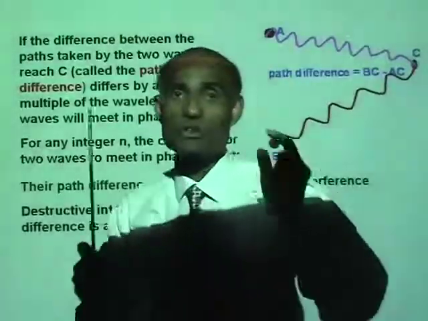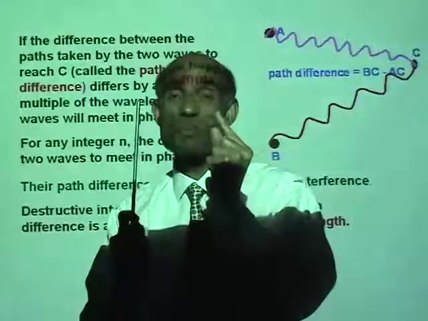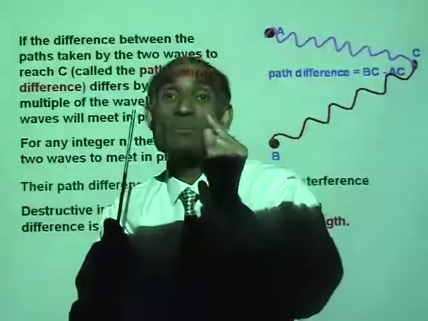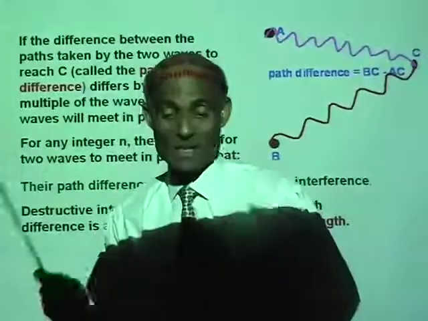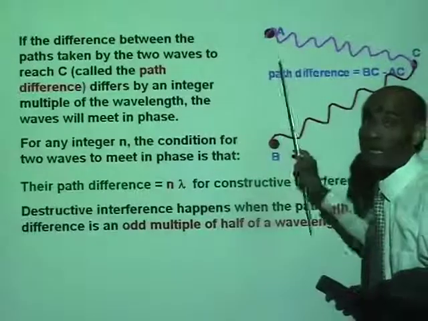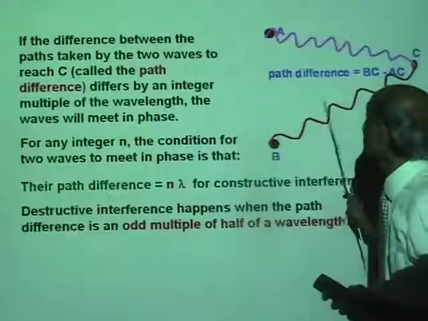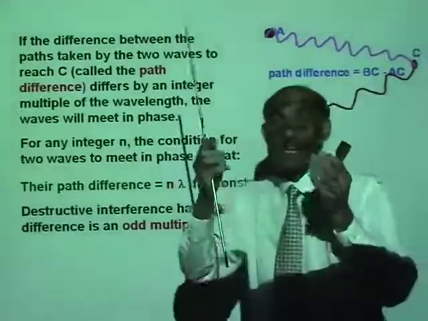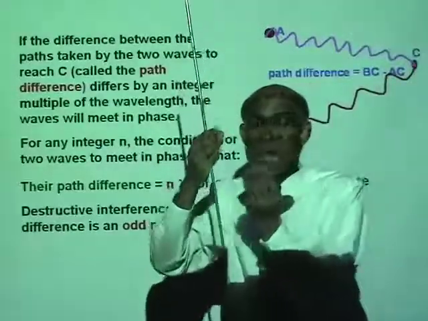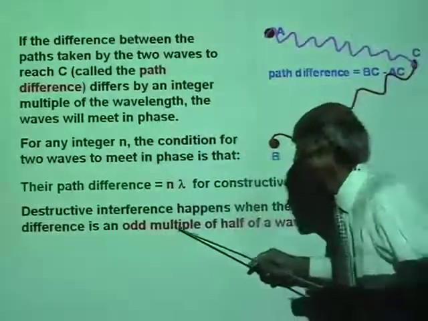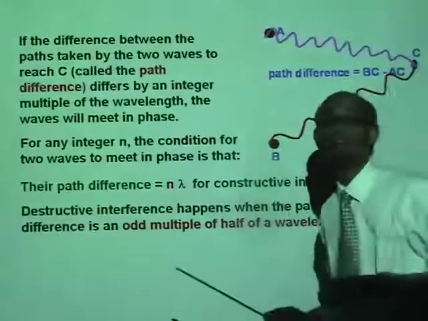Remember, I just showed you if the distance between 2 particles is half of a wavelength, they will be completely out of phase. So, if the waves coming from A and the waves coming from B, when they reach C, differ in path by an odd multiple of half a wavelength.